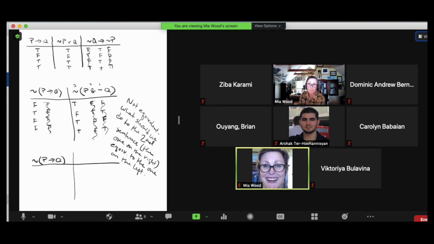Let me write both because Dominic and Victoria have each contributed options. So Dominic says go ahead and add another negation. And Victoria says to negate the implicated conditional. So those are both clever ideas.